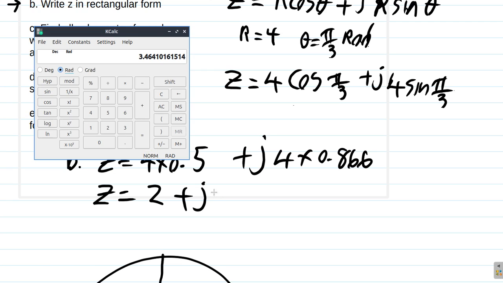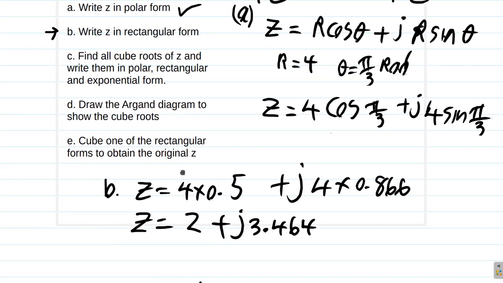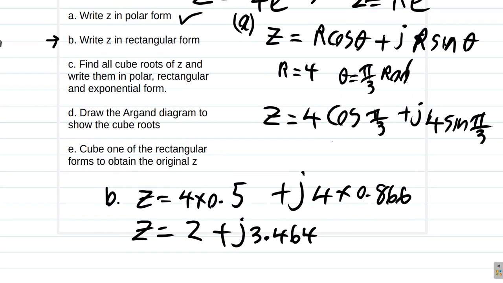Alright. 3.464. So that's what we have there. So that is the complex number in rectangular form.